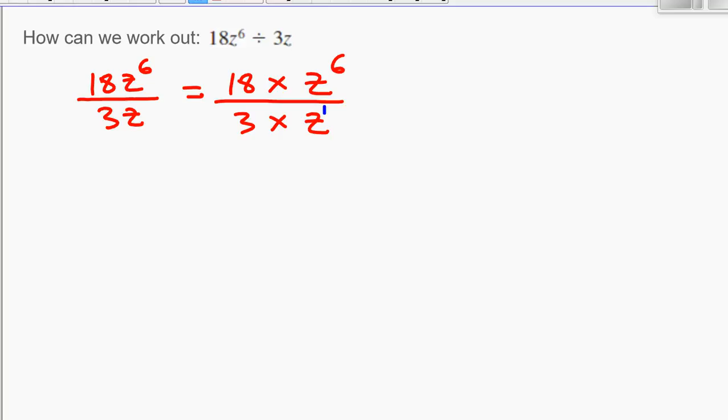So I'm going to focus on the numbers separately and on the z's separately. 18 divided by 3 is 6, and then multiplied by, for the z's, because I'm dividing them, I'll just subtract the indices. So 6 minus 1, which will give me 6z to the power 5.